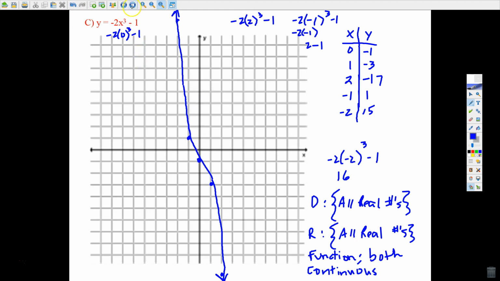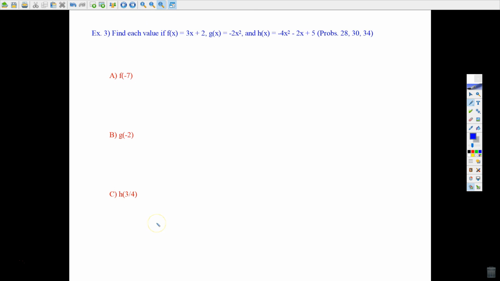Okay, so finally, last example, and this should be more of an Algebra 1 review. If you're given functions, and this is just another way of giving you the input for a function, it's going to be your job to determine the output. So let's just take a look at this letter A. This says f of -7.